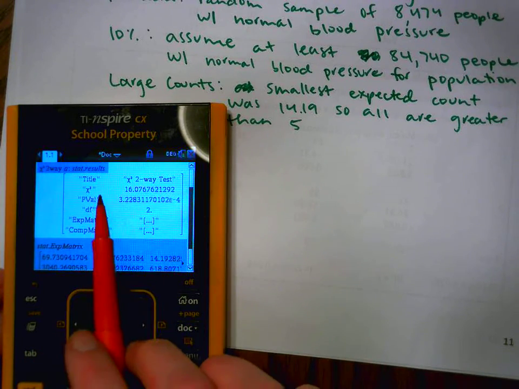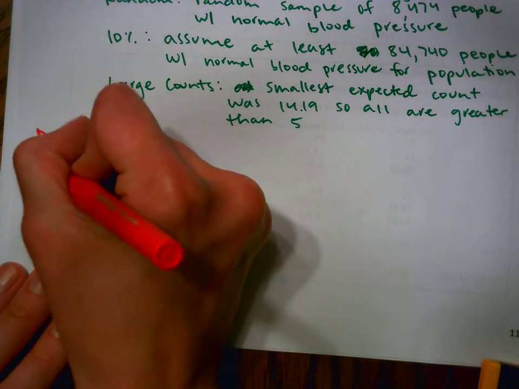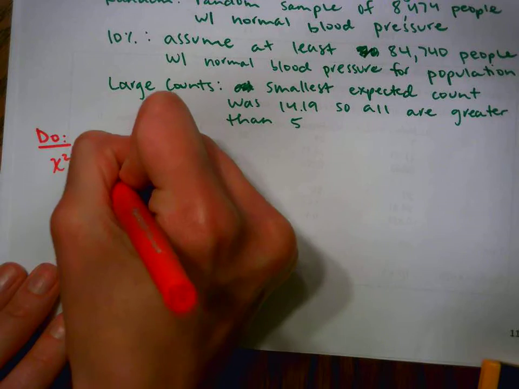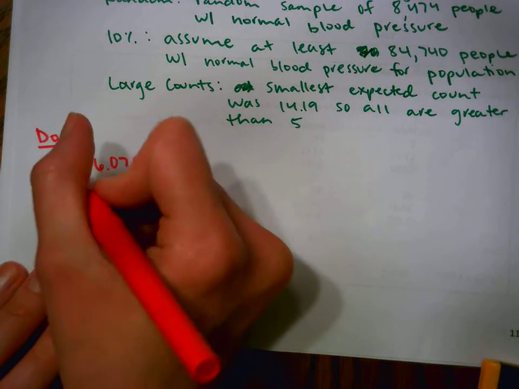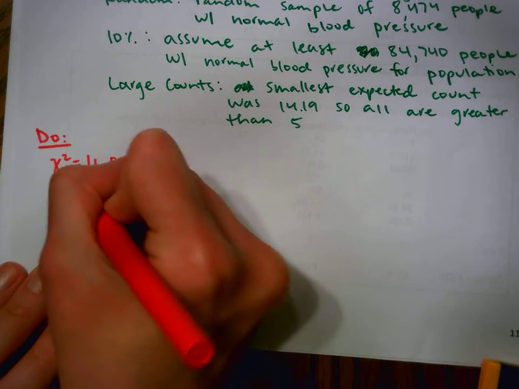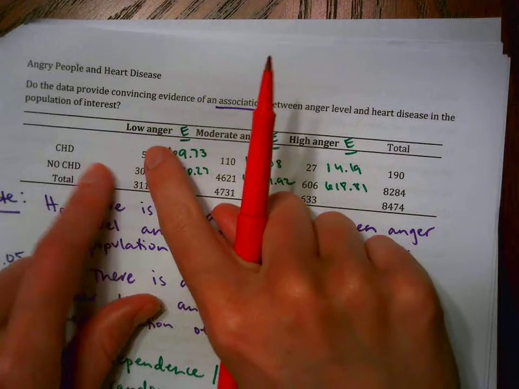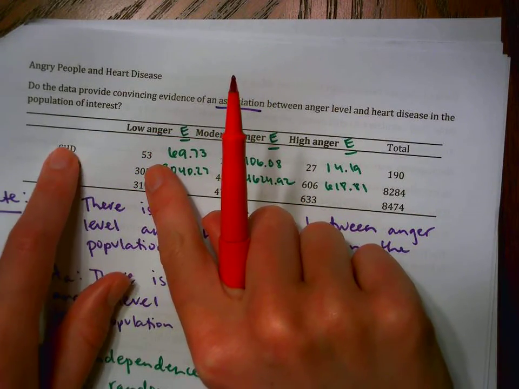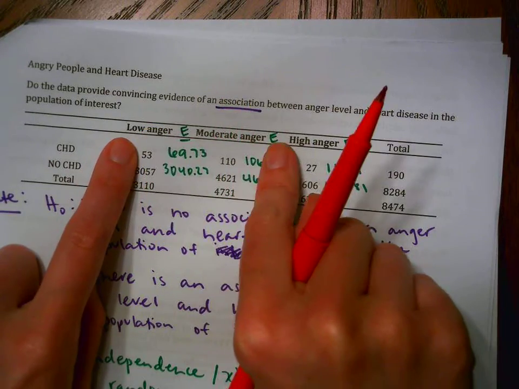So your chi-square value is 16.076. Our degrees of freedom is 2, which should make sense because remember you do rows minus 1, which is 2 minus 1, which is 1, and columns minus 1, which is 3 minus 1, which is 2. 1 times 2 is 2.